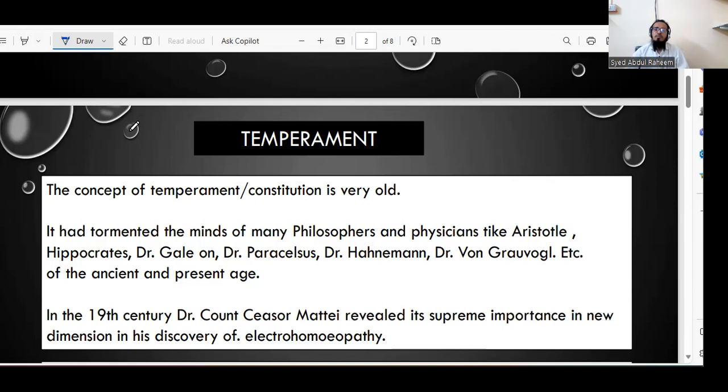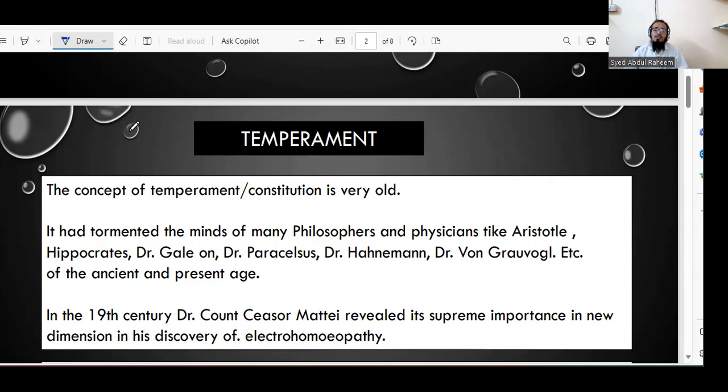Basically, every plant has a temperament, a constitution. According to its nature, its behavior is dependent. So if the human temperament and the plant temperament are balanced, we balance the human temperament with the help of these medicines with plant temperament.